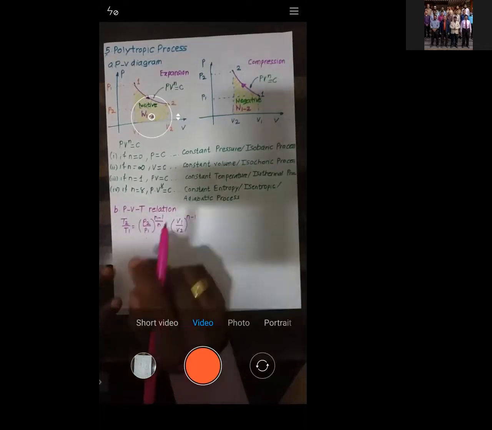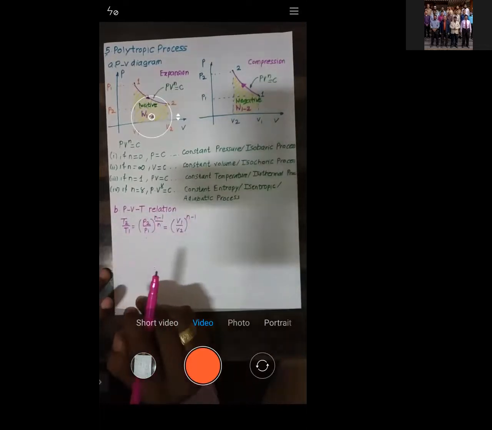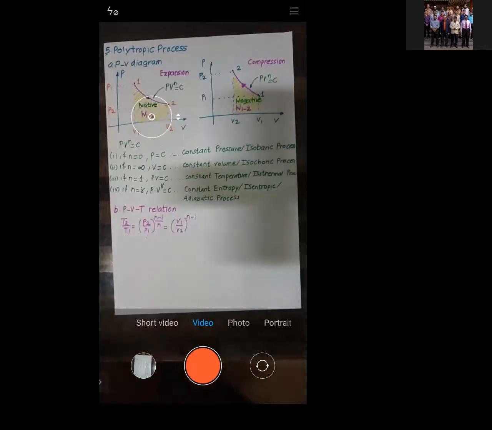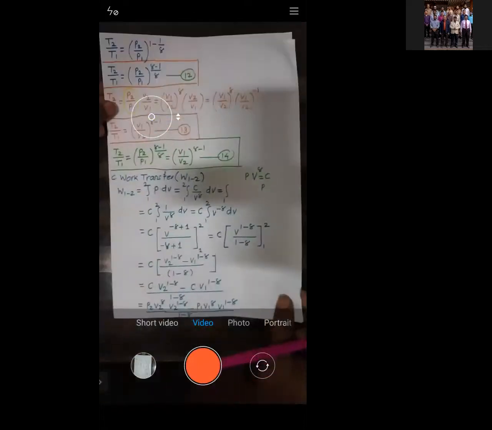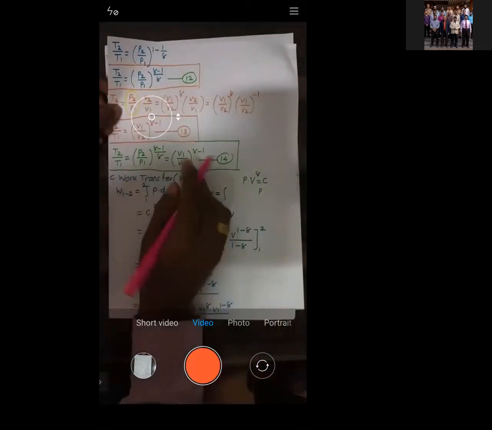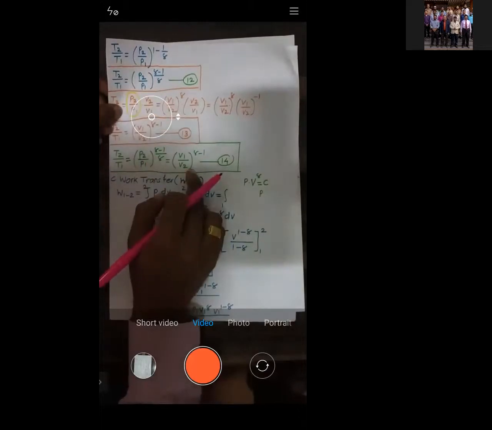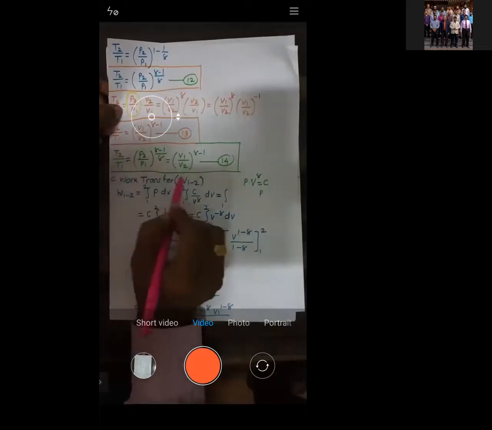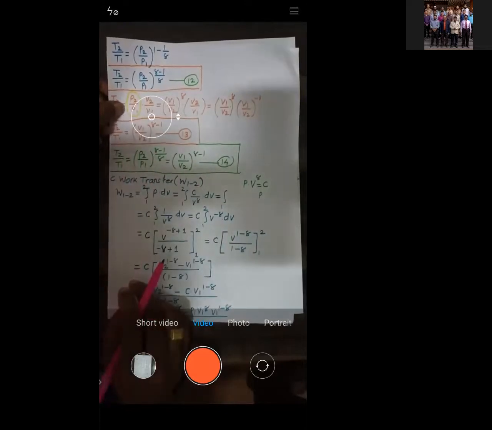In the last lecture we derived this expression for the adiabatic process, so I replace gamma by n. This becomes the polytropic process. You can check it.